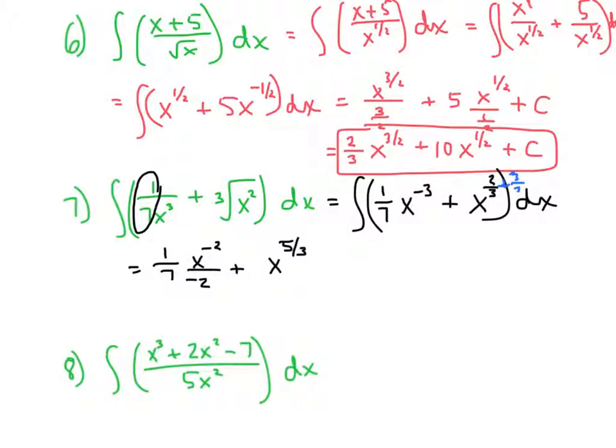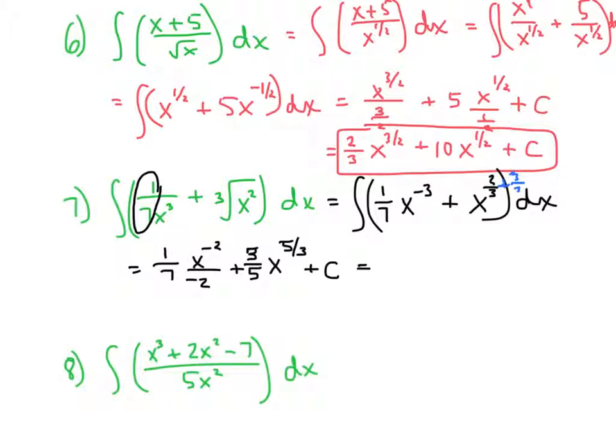Now, if you start to notice a pattern here, rather than writing dividing by 5/3 and then having to clean it up later, let's just go ahead and multiply times the flip right away. So 3/5 right in front. When you get comfortable with that, it's going to make things a lot easier and it's going to clean up your steps a lot faster. Okay, so plus 3/5 x to the 5/3 plus c, of course, equals.